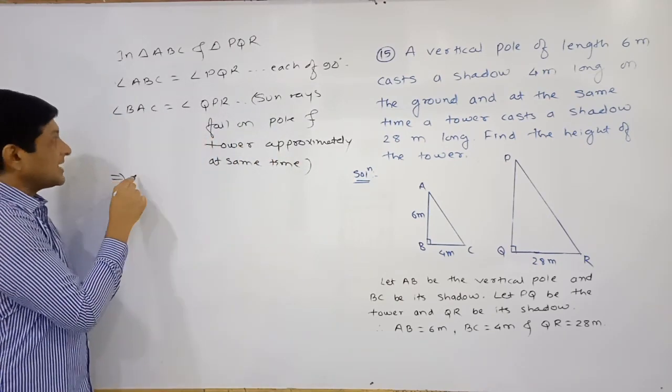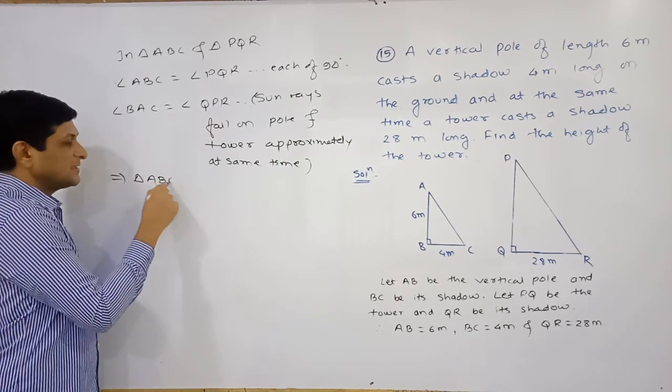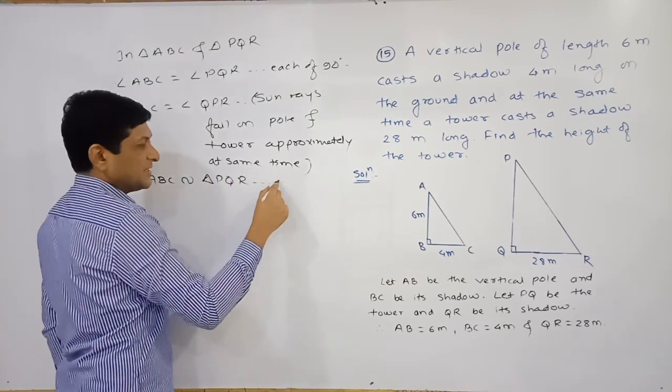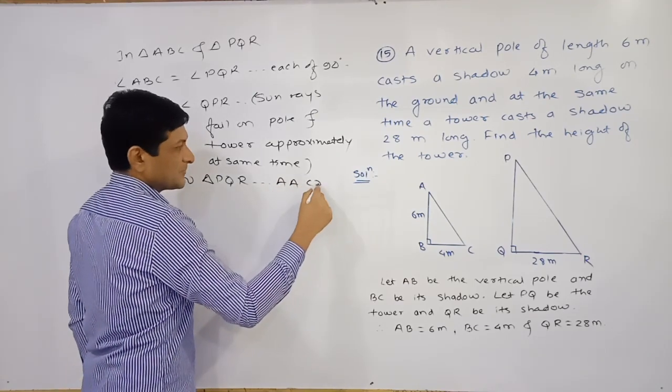So this implies that triangle ABC is similar to triangle PQR by the AA criterion.